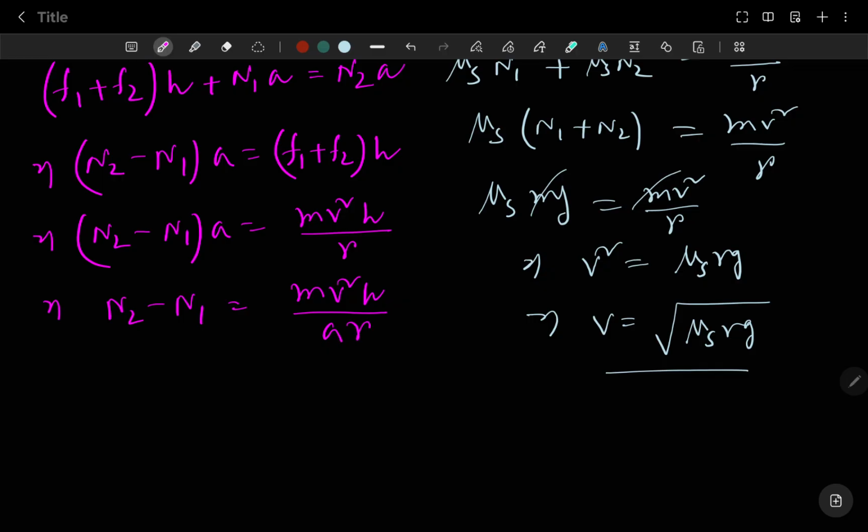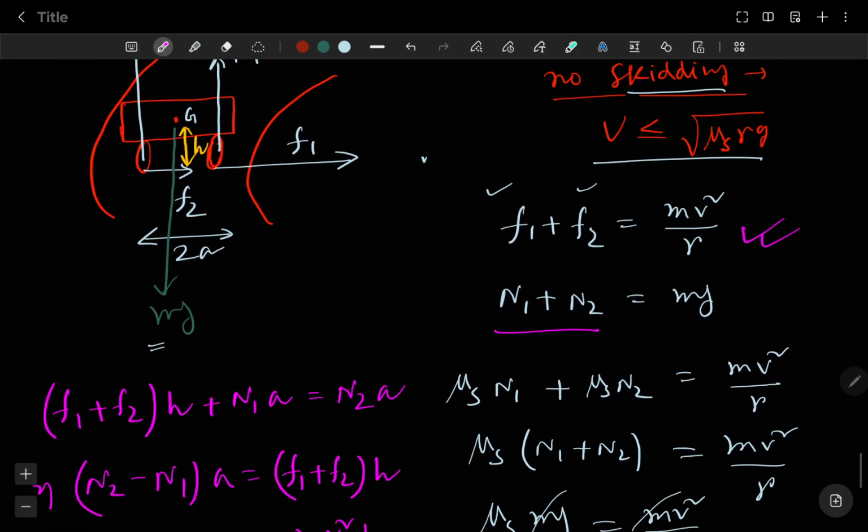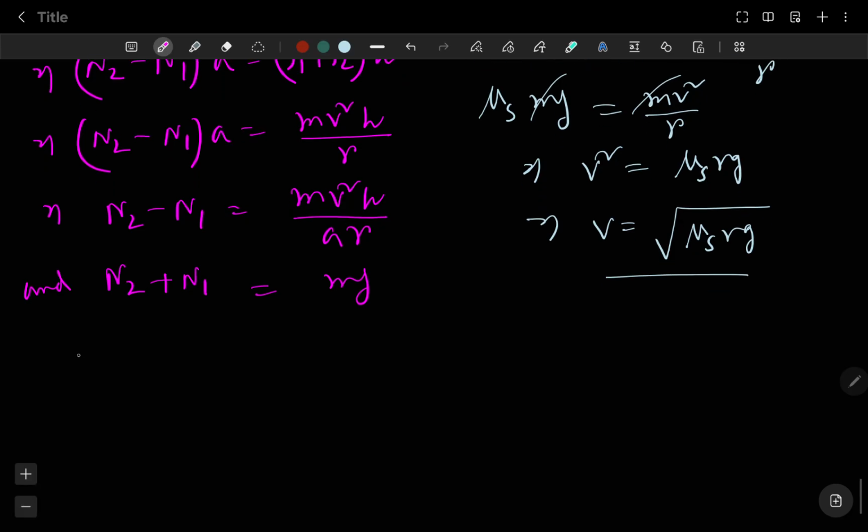Okay, fine. And we have already written N1 plus N2 is mg, so we will write N2 plus N1 is mg. Solving these two equations, if we add them up, we get 2N2 is mv square H by AR plus mg, and N2 will be half of this.